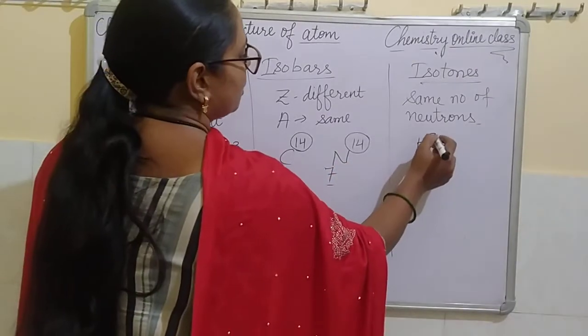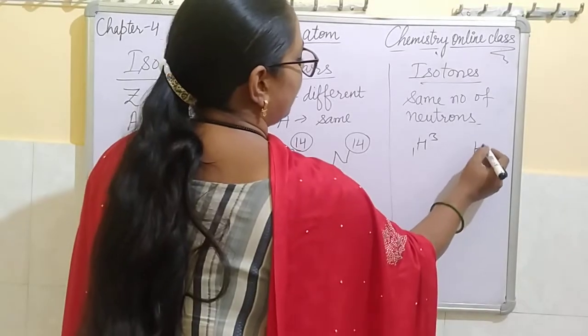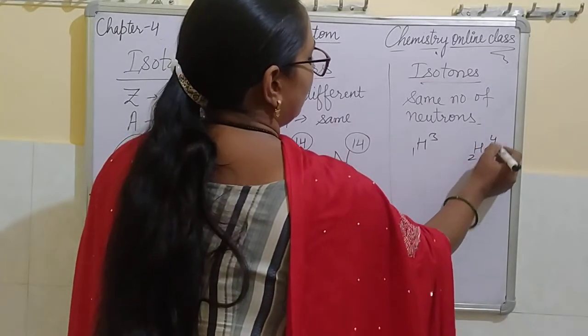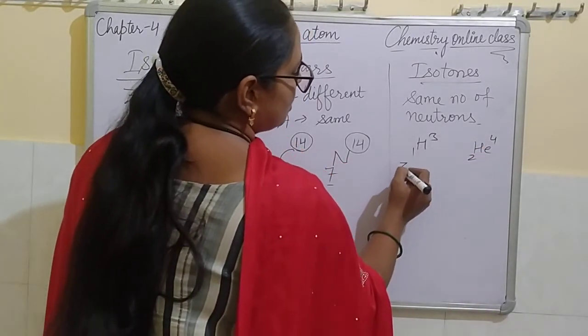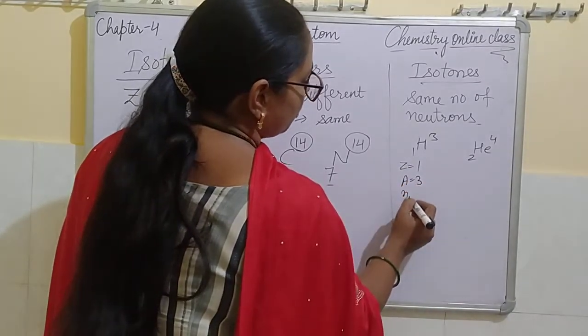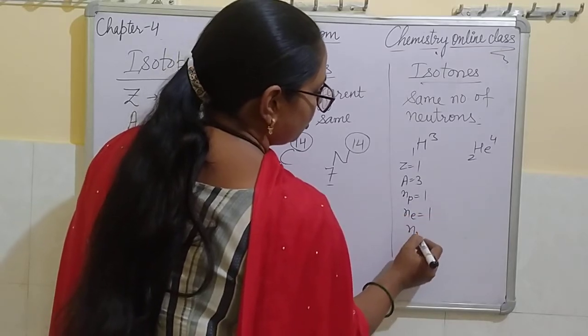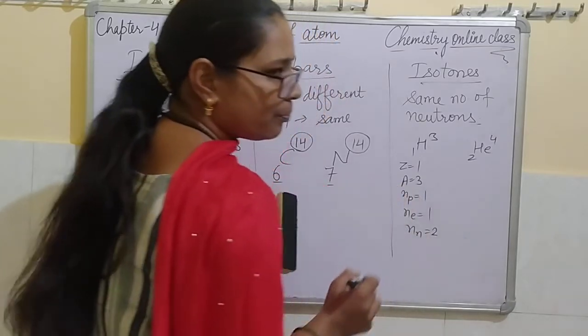Here I am writing the isotope of hydrogen and here I am writing helium. For this, Z is 1, A is 3, number of protons 1, number of electrons 1, number of neutrons 2.